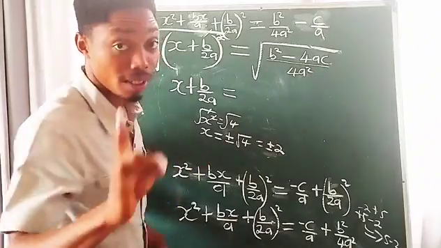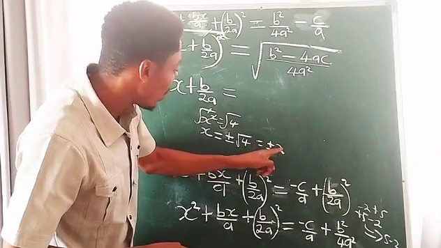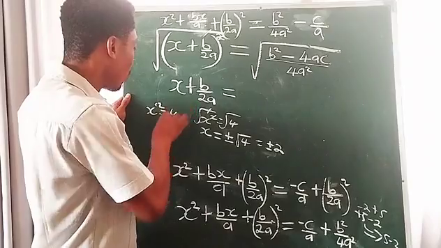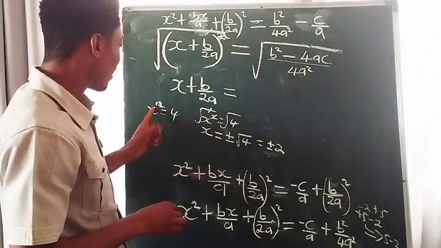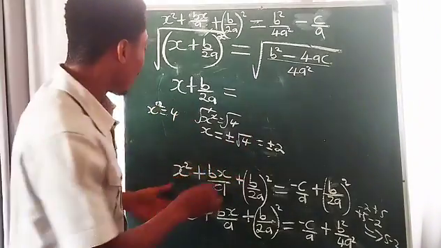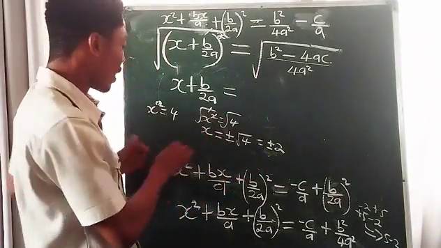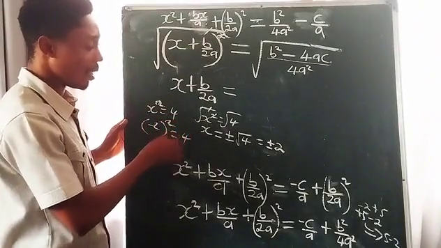This is true and profound because if you put positive 2 in place of x in x squared equals 4, it gives you 4. Or if you put negative 2 in place of x and square it, negative 2 squared still gives you 4.